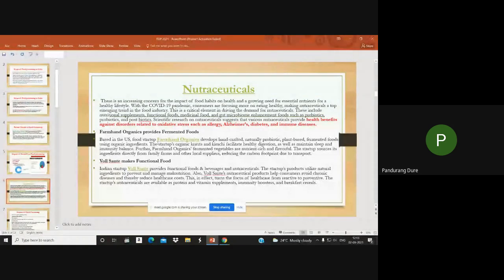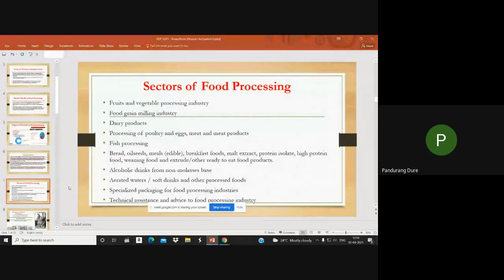These are some outstanding out-of-the-box startups in nutraceuticals, such as Farmhand Organics, which produces probiotics, prebiotics, and postbiotics to improve the immunity balance of human beings. These are some sectors of food processing in which students will get job opportunities.